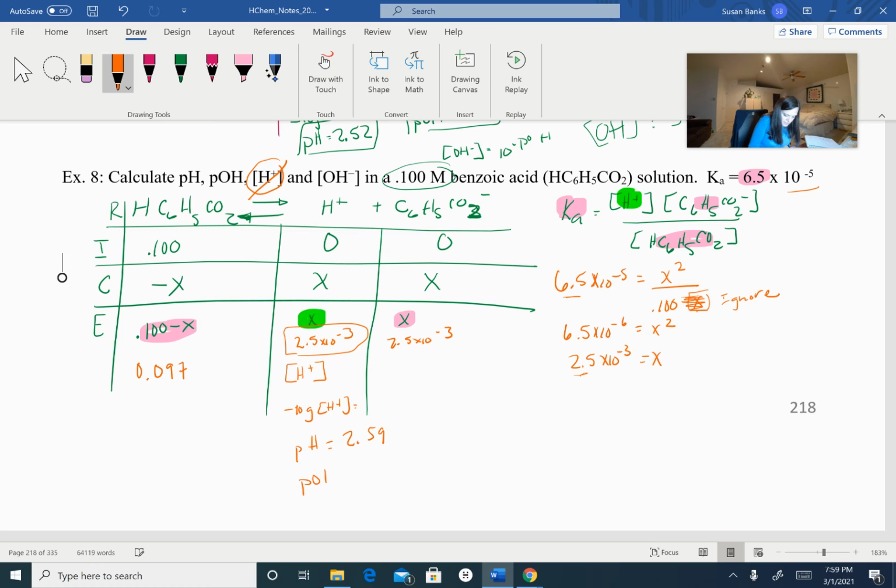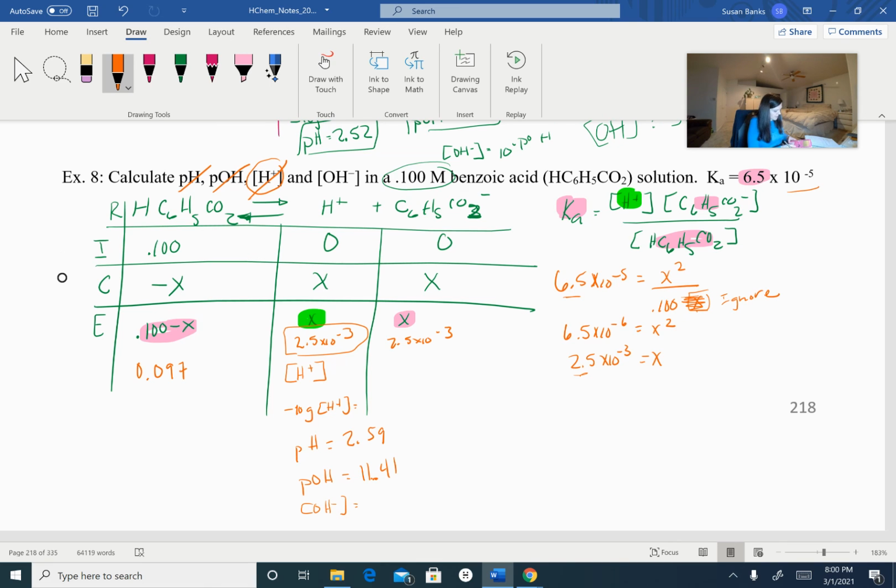Then the next easiest one probably to grab is the pOH. If I take 14 and subtract that, I get a pOH of 11.41. So that's done. And then for the hydroxide ion concentration, I'm just going to take 10 to the negative pOH.